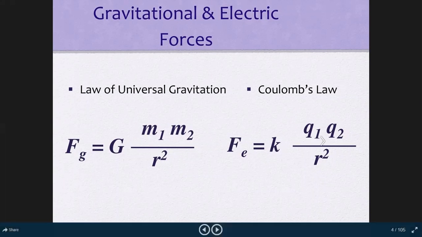Next, I have charges Q1 and Q2 in the same way as masses M1 and M2. And here r square is the distance between two particles with mass M1 and M2, and there it is the distance between two charged particles with charge Q1 and Q2.